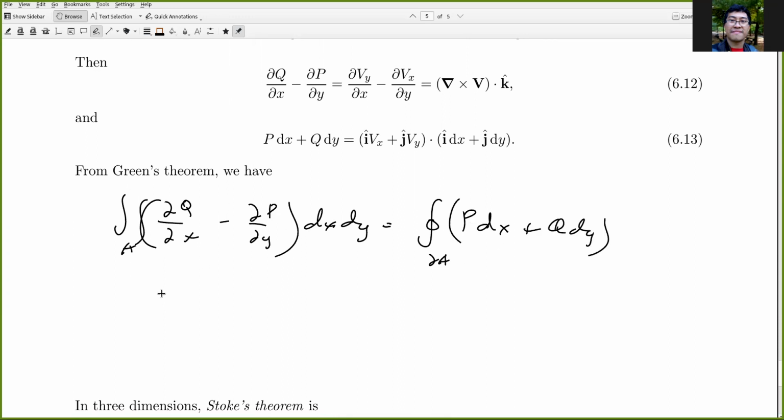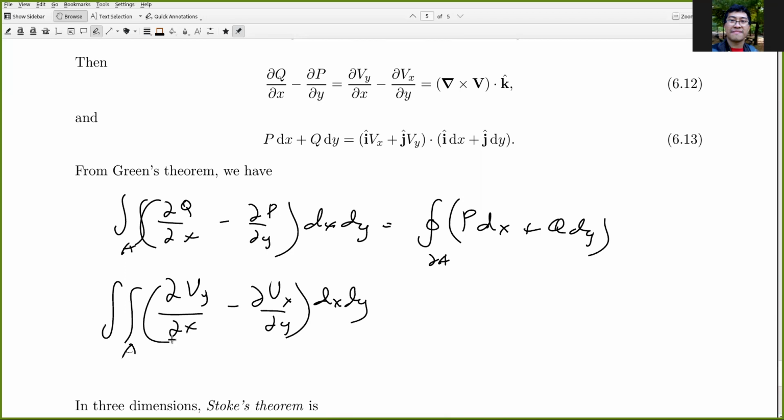So this becomes del cross V, or partial Vy over partial x minus partial Vx over partial y, dx dy. This one is i Vx plus j Vy dotted with i dx plus j dy.